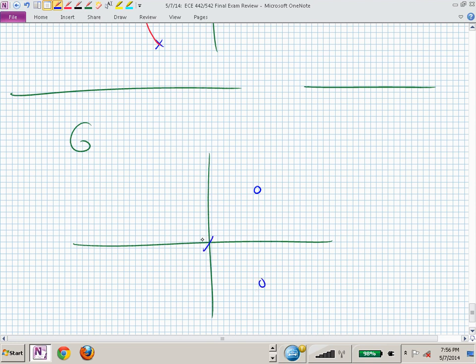We still have a pole there, but now these poles are at 1/4 plus and minus j 1/4. Now what's the root locus look like? You know that, right? You better get that.